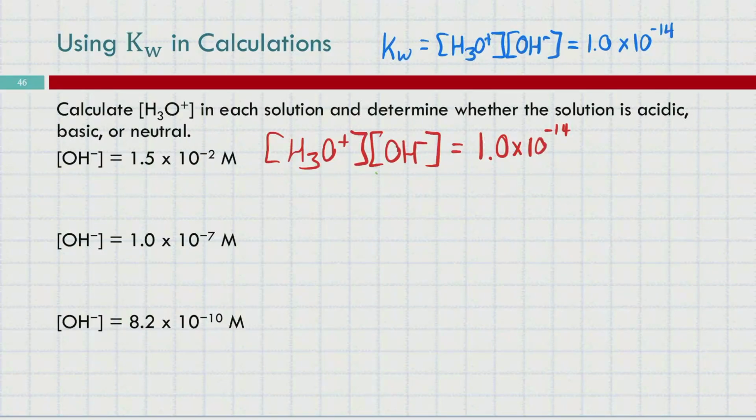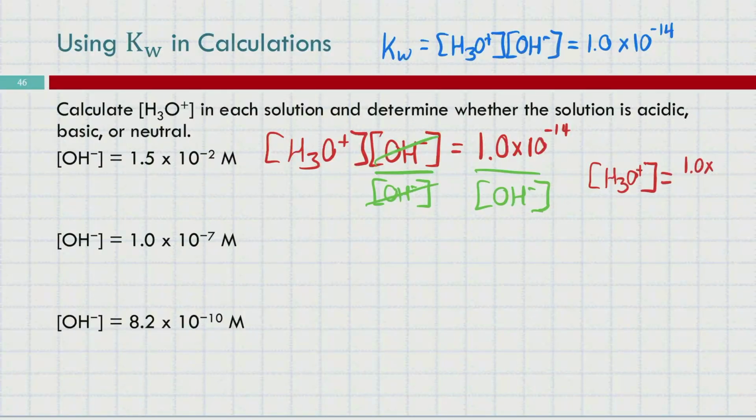To do that, divide both sides by the hydroxide concentration. And what we'll be left with is H3O plus concentration equals 1.0 times 10 to the minus 14 divided by the hydroxide concentration.